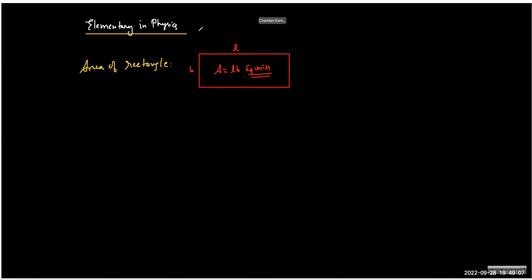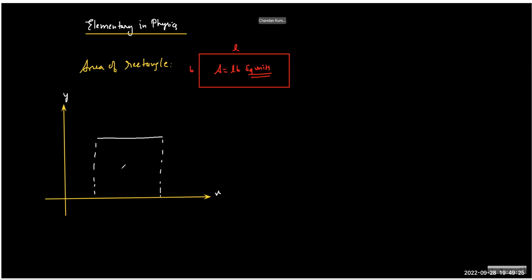arbitrary shape object. So let me draw one graph, something like this. If I draw a line like this, and if I draw a perpendicular, is it possible to find this area if I know the height and if I know the x coordinate?